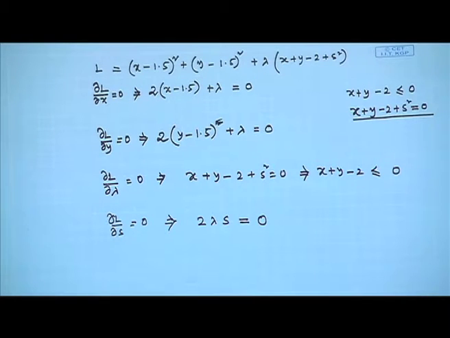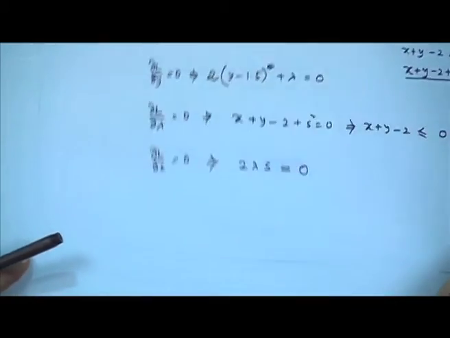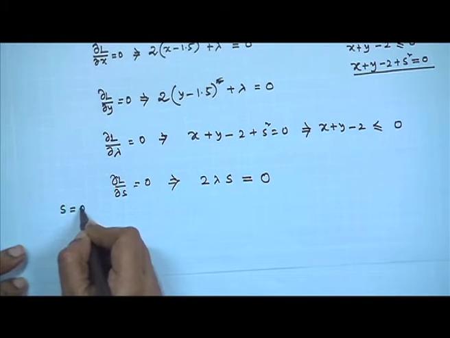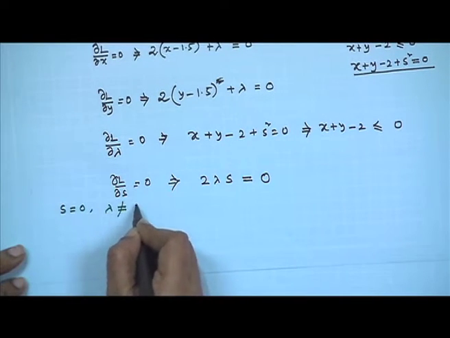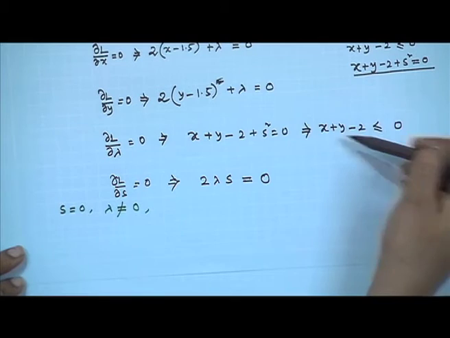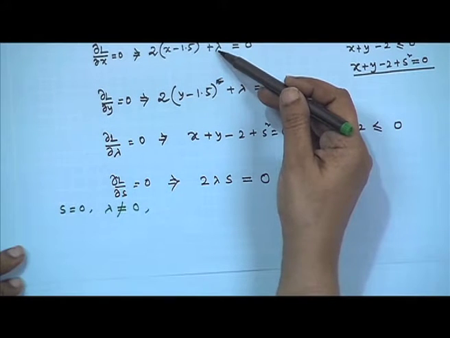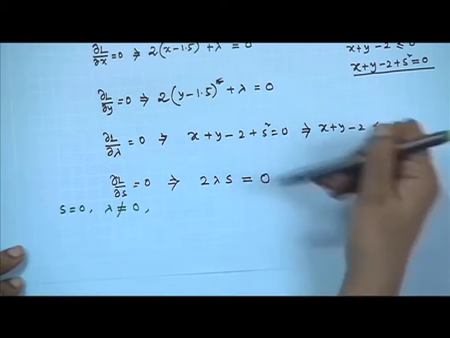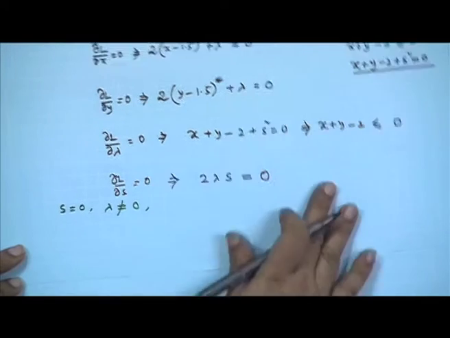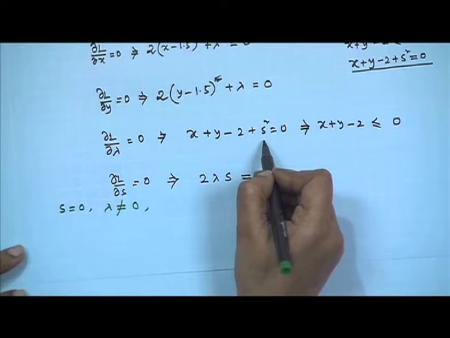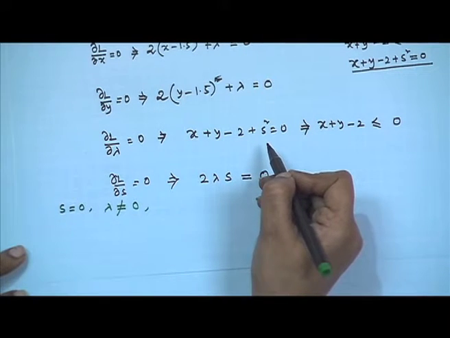Alright. Now, if we consider s equal to 0, then lambda is not equal to 0. If we write lambda in terms of x and lambda in terms of y, and substitute this here with s equal to 0, we will get one equation with lambda only.